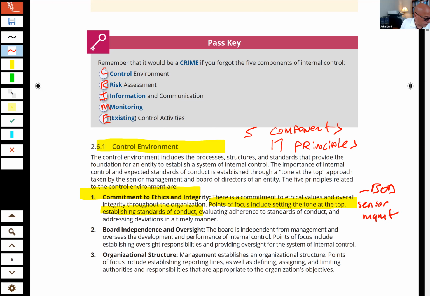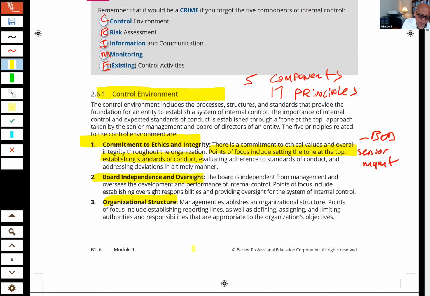Now it includes, as I've mentioned, the board, and an organizational structure that shows we're taking this control environment seriously.